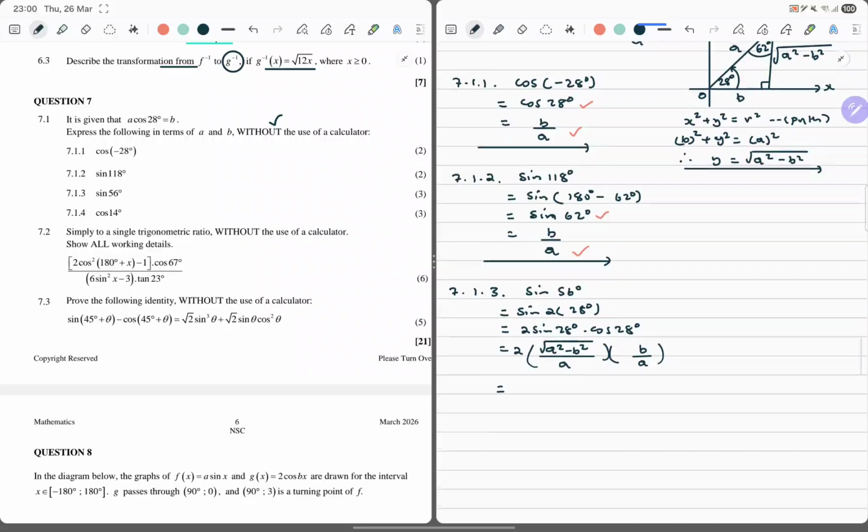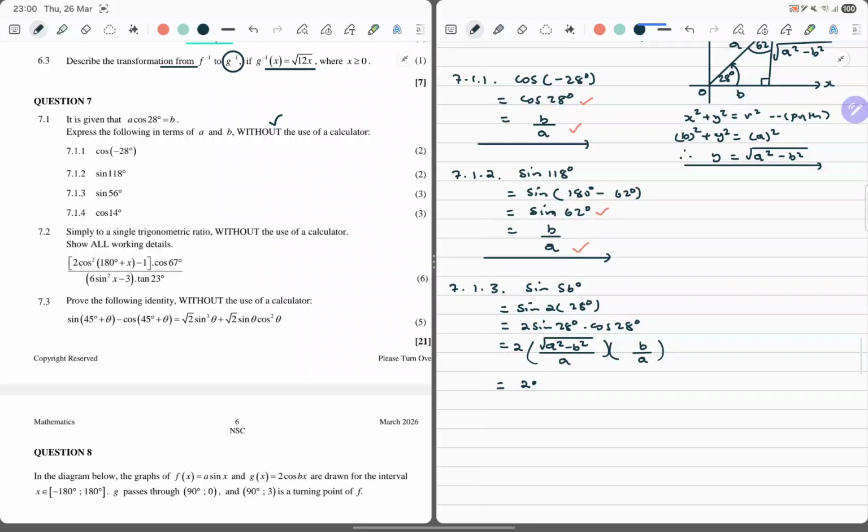So if we sort it out, we're going to get 2b root a squared minus b squared all divided by a squared. And there's no further simplification to do here. And the good thing is that the denominator is already a rational number.